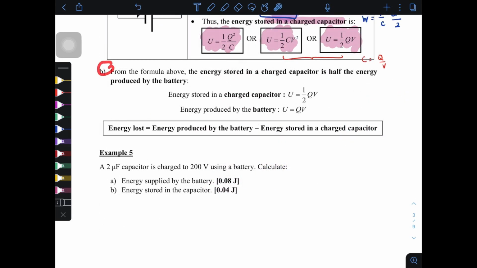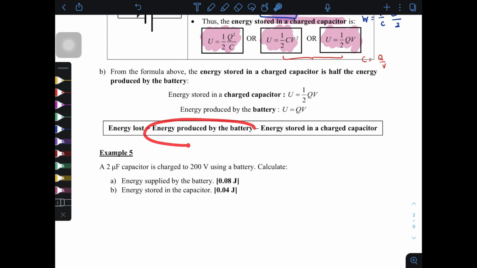Okay. B, from the formula above, the energy stored in a charged capacitor is half the energy produced by the battery. Kenapa? Okay, so the energy produced by battery, the formula is U equals to QV, and the energy stored in a charged capacitor is U equals to half QV. Okay, so akan ada energy loss semasa proses pergerakan charge kepada capacitor, dan energy itu loss dalam bentuk heat.